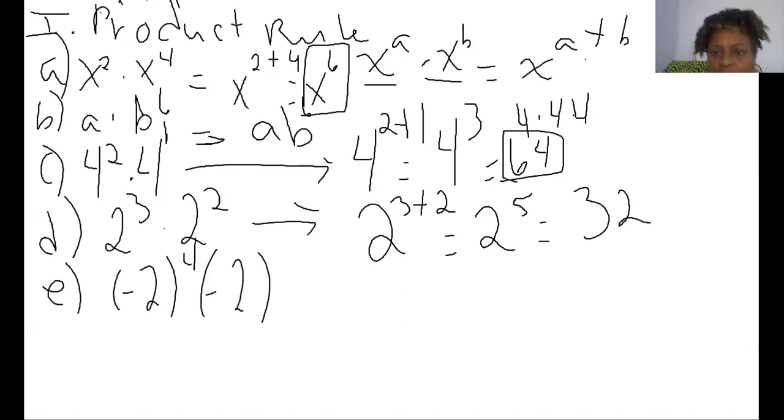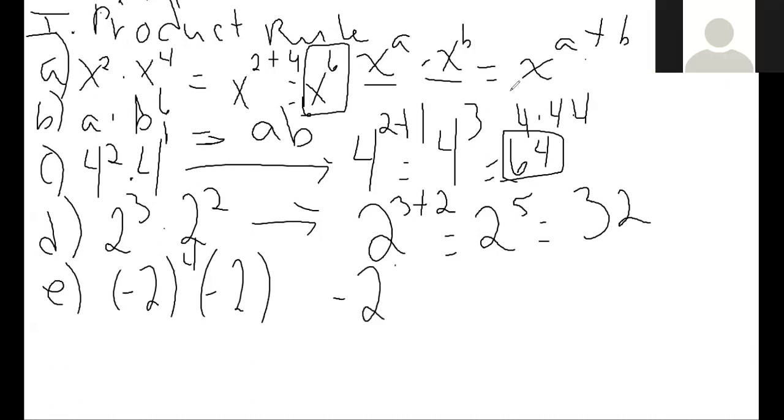All right, E model, negative 2 to the fourth power times negative 2. So what will I observe here? Once again, I will add the exponents. 4 plus, there's the imaginary number. What is it? 1.